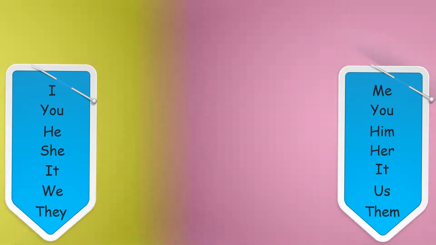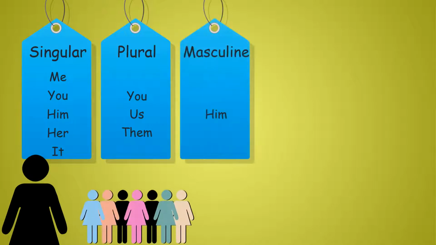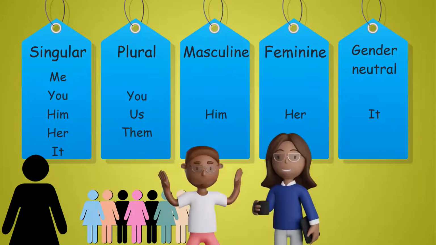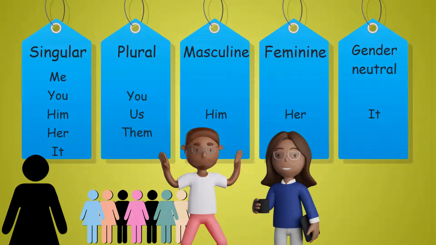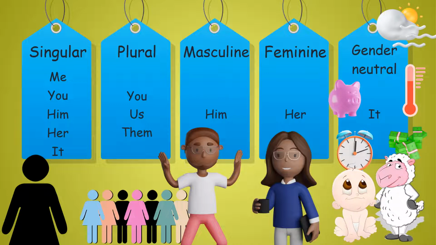Just like subject pronouns, object pronouns can be singular or plural, masculine, feminine, or gender neutral. The masculine or feminine pronoun is used whenever the gender is known. When referring to the weather, temperature, time, an inanimate object or a child or animal of undetermined gender, the neuter form, it, can be used.